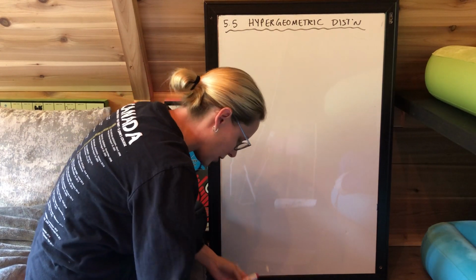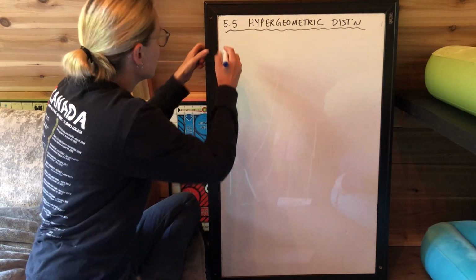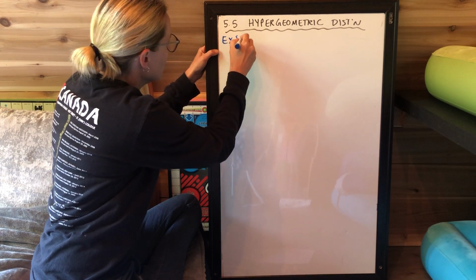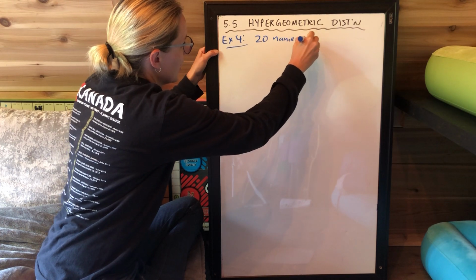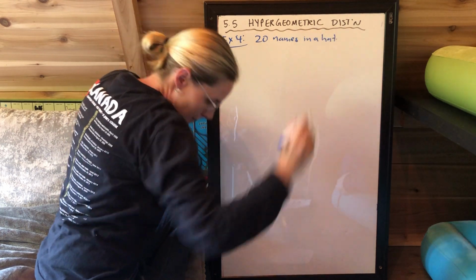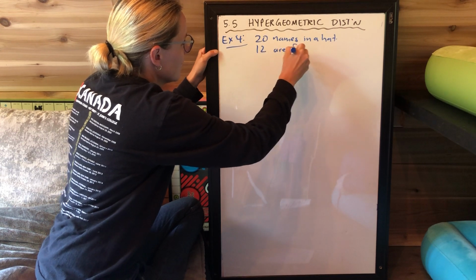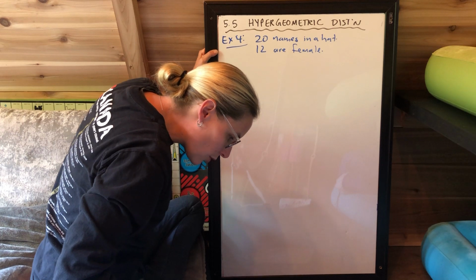In the last example, they want a hat contains 20 names. Names in a hat. Also, they tell us 12 are female. 5 names are drawn.